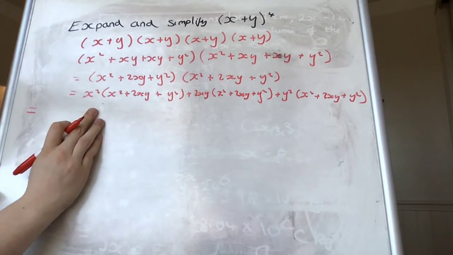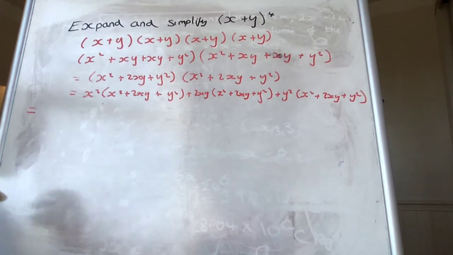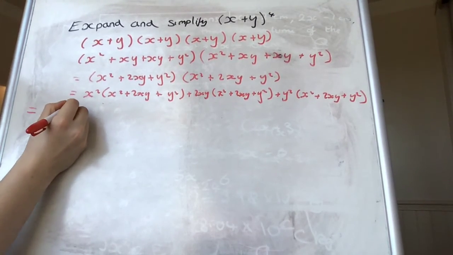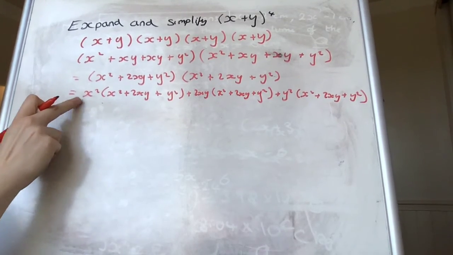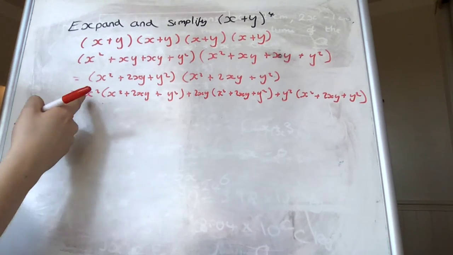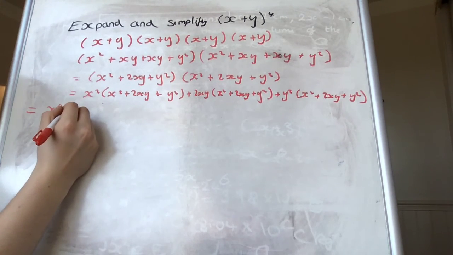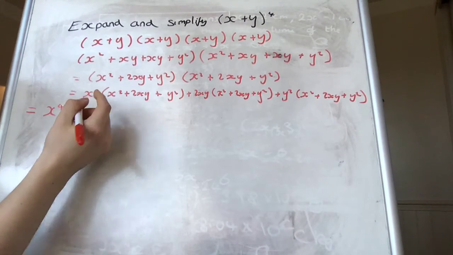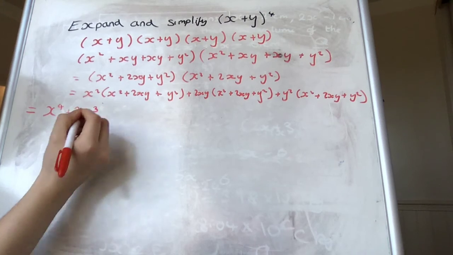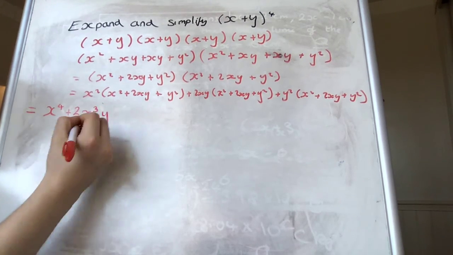So x squared times x squared is just x to the power of 2 plus 2, essentially, and therefore that would equal x to the power of 4. And then we've got 2xy times x squared, so we've got plus 2x to the power of 1 times x to the power of 2 will give us x to the power of 3, and then y.